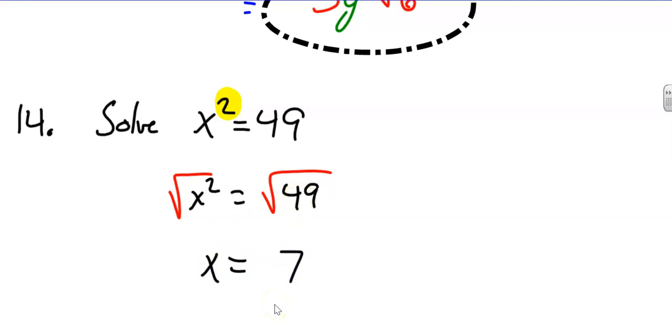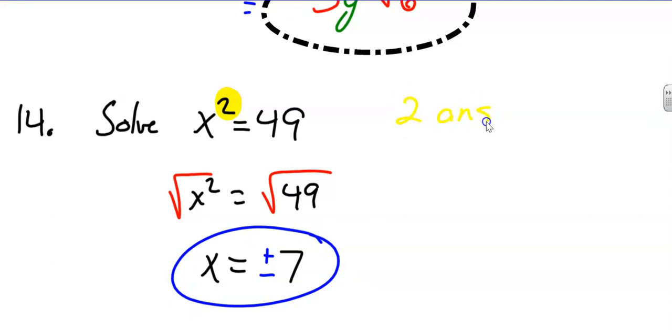To get the two answers, plus or minus, because you could do a negative times a negative, which would make it a positive. So anytime you're working with equations, whatever that degree is, whatever your highest power is, that tells you how many answers you have to have.